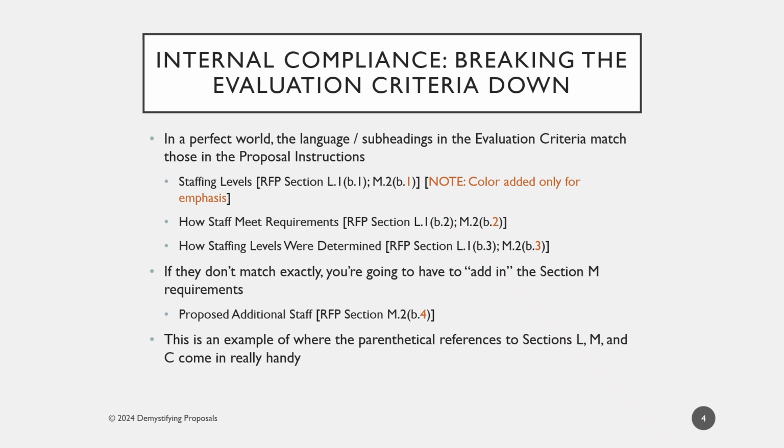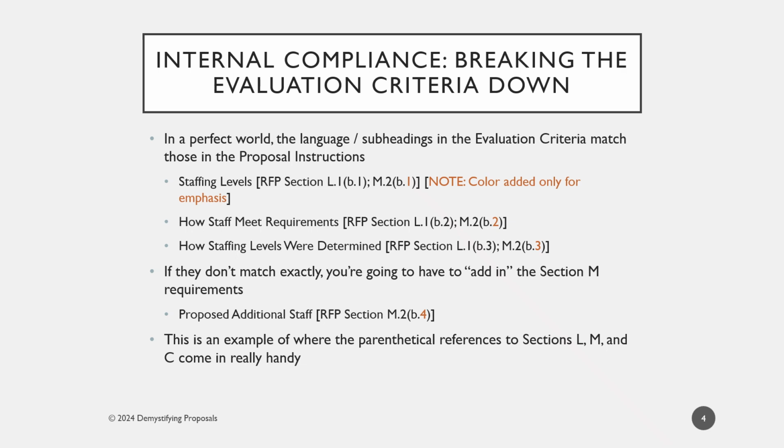So here I'm talking about an instance where the evaluation criteria did not exactly match what the proposal instructions criteria were. In a perfect world, those two things match, right? In a perfect world, in section L, they ask you to talk about staffing levels, and in the evaluation criteria, they also ask you to talk about staffing levels. But if they don't match exactly, then you're going to have to add in the section M requirements that are in addition.